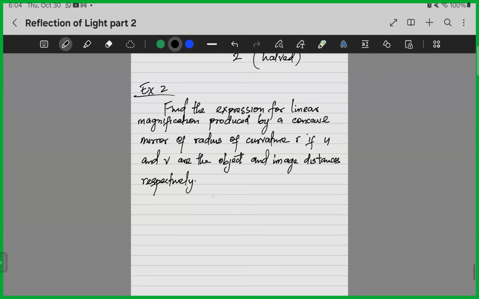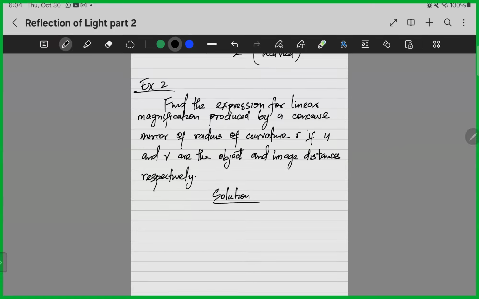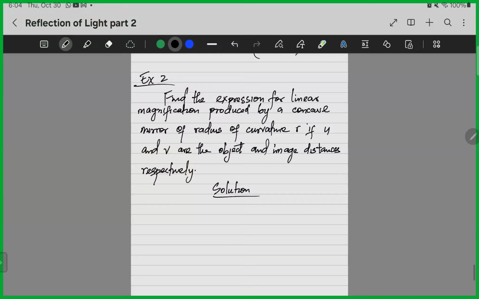The idea here is they're asking you to find an expression for linear magnification, and they did not give you the focal length. Normally, we know that linear magnification is V over U, but they want you to create some other expression for it.